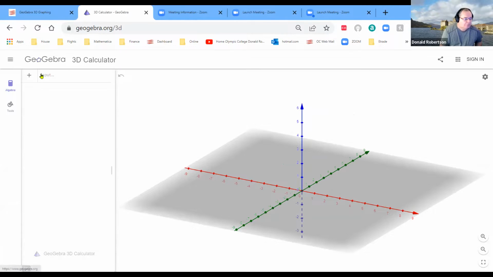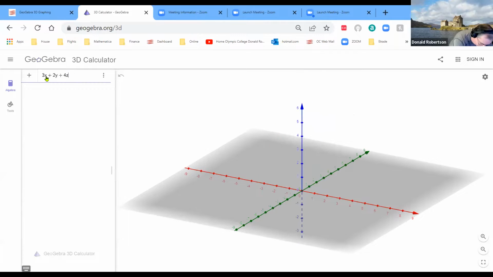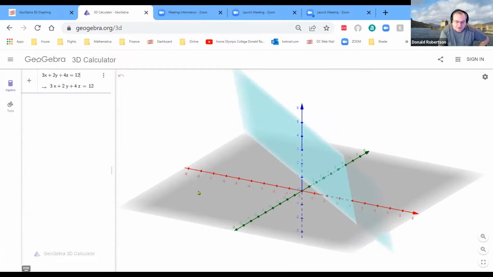Right. So up here in input, I don't know if it takes it this way, and if it doesn't, I've got another way of doing it. But here's 3x plus 2y plus 4z equals 12.